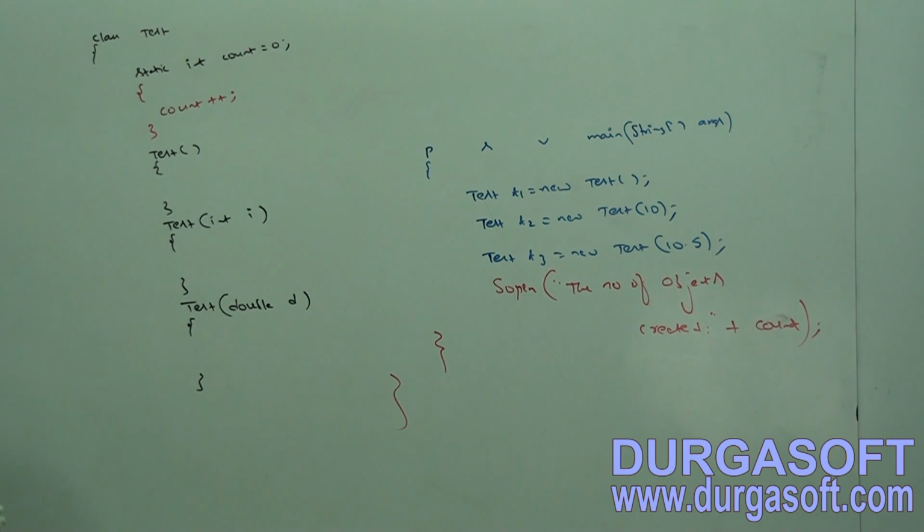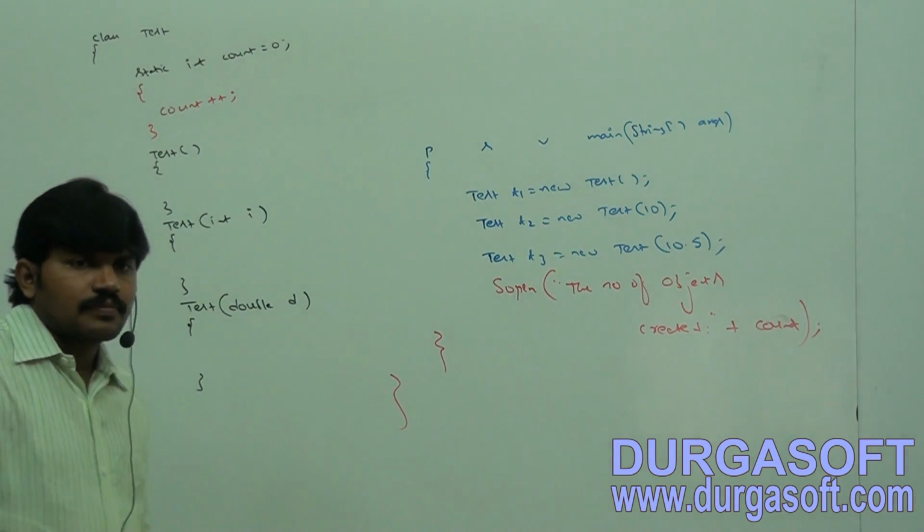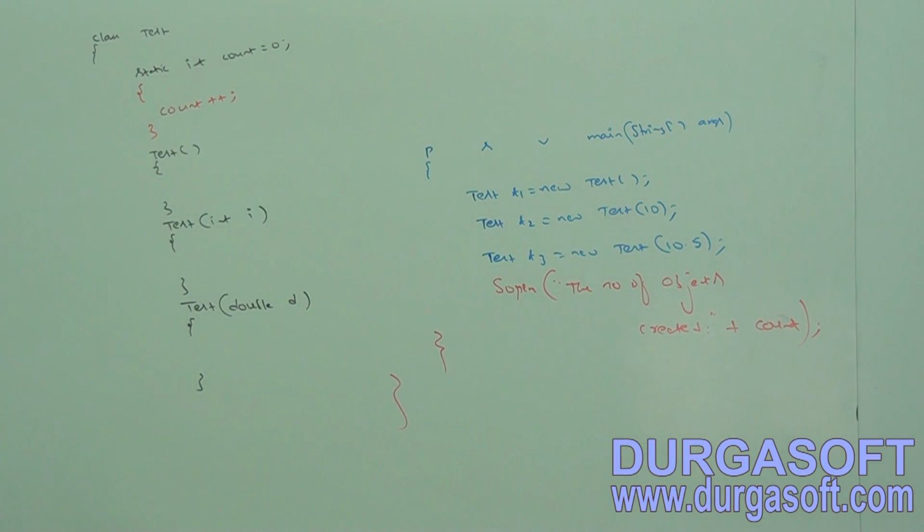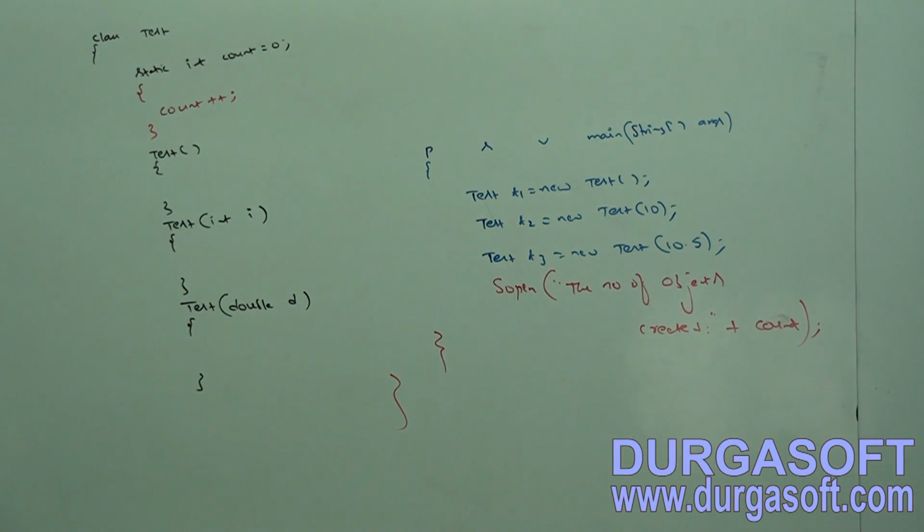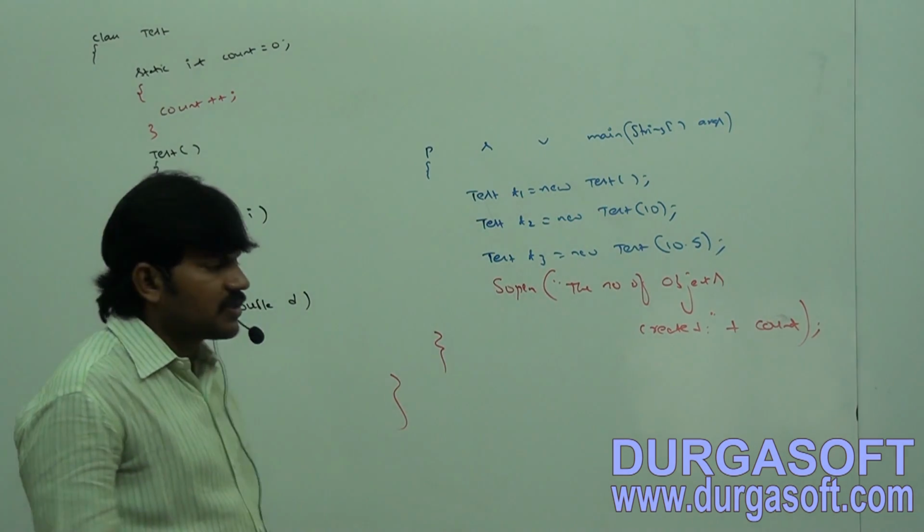Completed, right? Test t1 is equal to new Test, Test t2 is equal to new Test of 10, Test t3 is equal to new Test of 10.5. Next, the number of objects created is plus count.